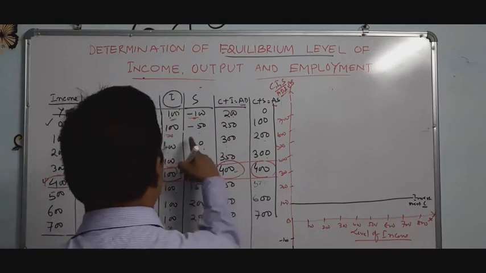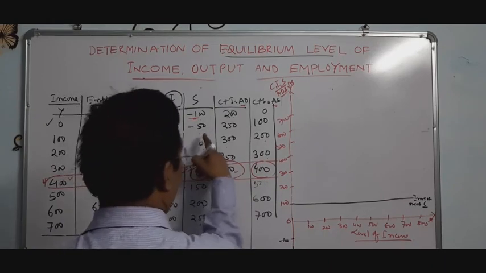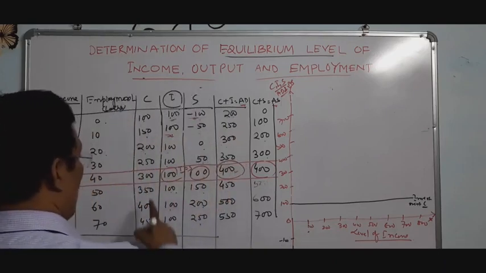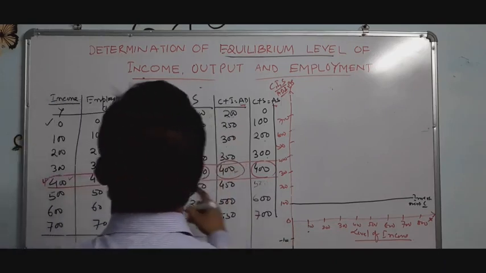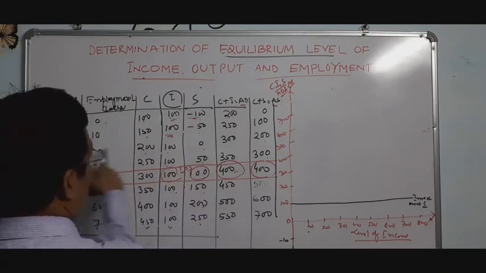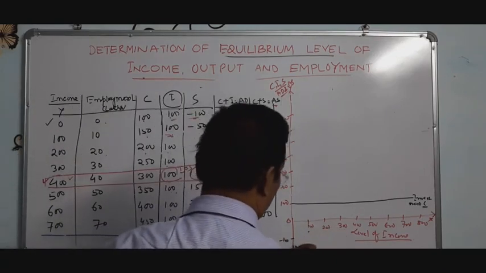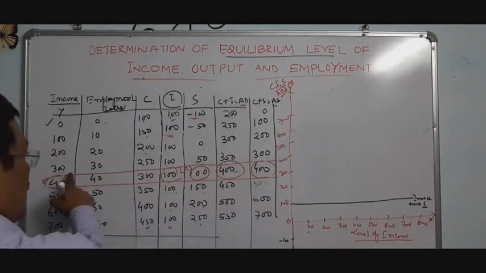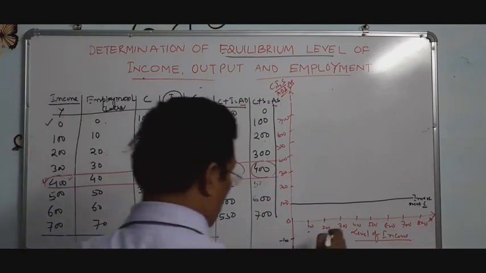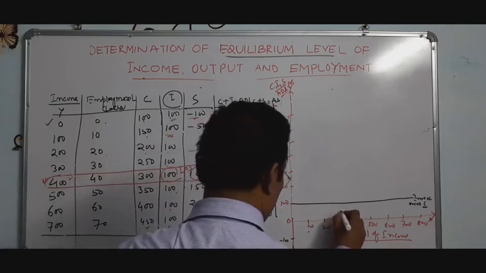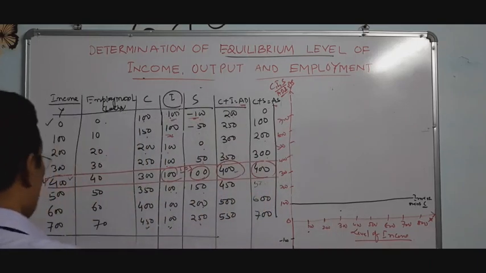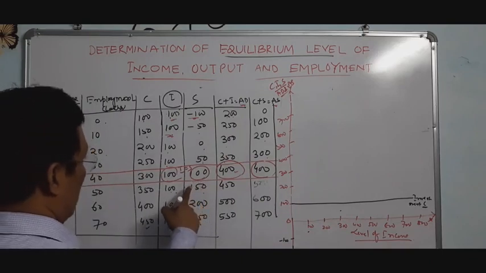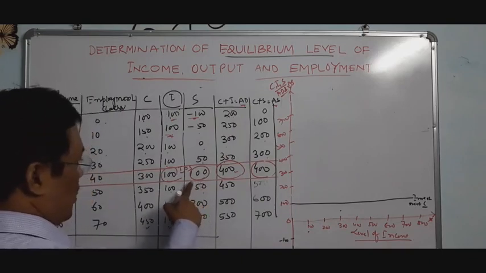At 100 level of income, saving is minus 50. At 200 level of income, saving is 0. At 300 level of income, saving is 50. At 400 level of income, saving is 100.